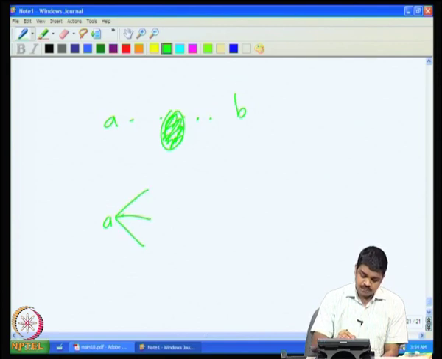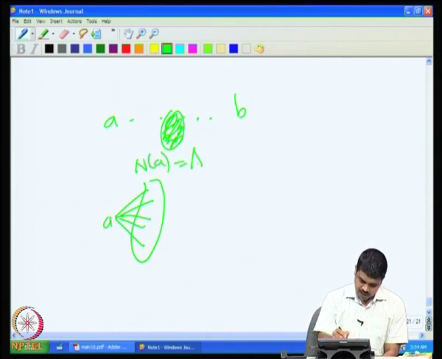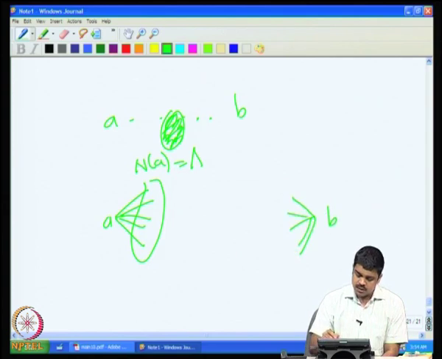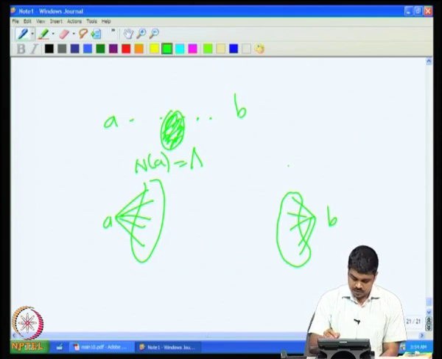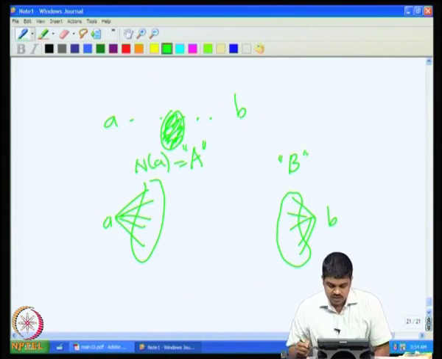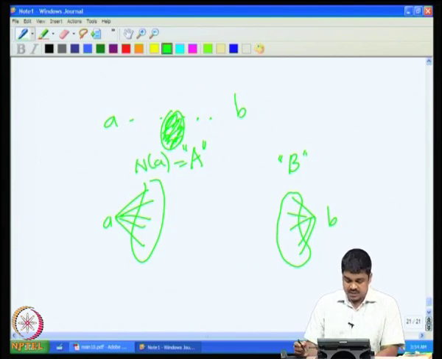We consider the neighborhood of A, N of A, as the capital A, and the neighborhood of B as the set B.